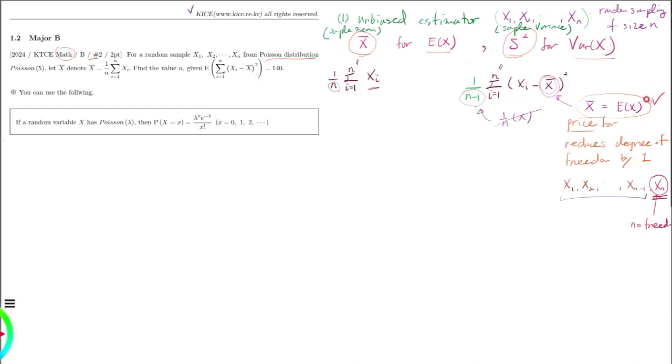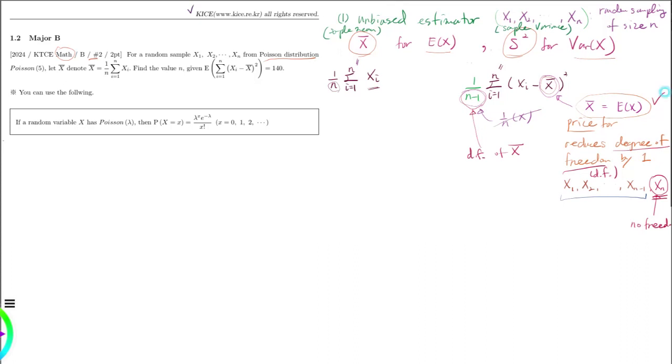So n minus 1 is the degree of freedom for the variable. Let me abbreviate degree of freedom by d.f. of x bar.